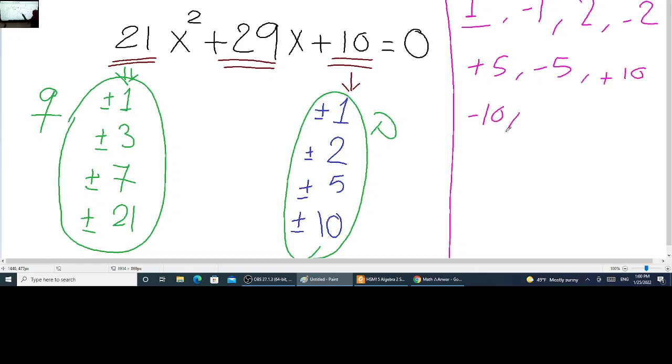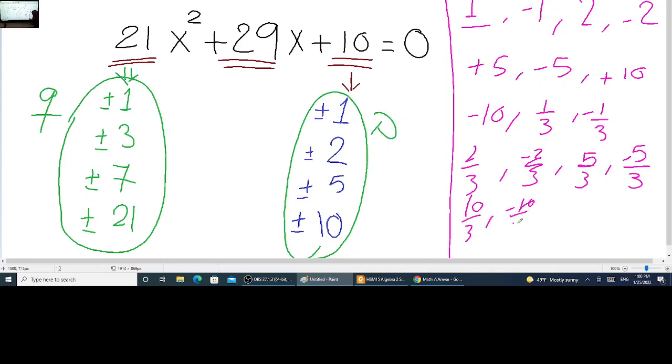Then 1 over 3 or negative 1 over 3, 2 over 3 or negative 2 over 3, 5 over 3 and negative 5 over 3, also 10 over 3, negative 10 over 3.